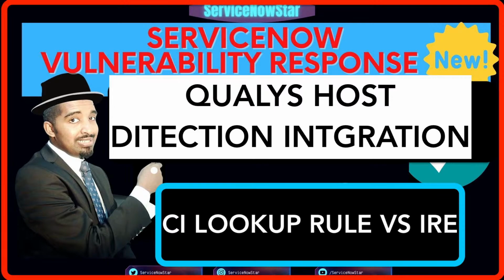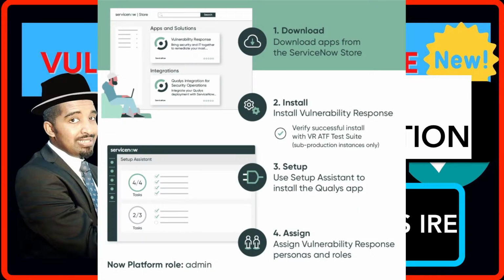Now, mainly today we'll talk about how you can install your vulnerability response. This all starts from getting the applications from the application store. Today's topic is primarily about Qualys, right?